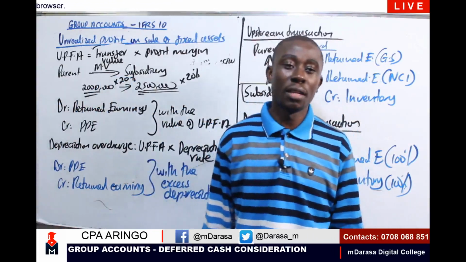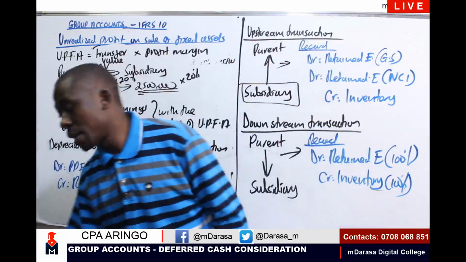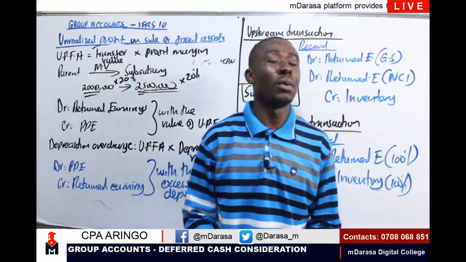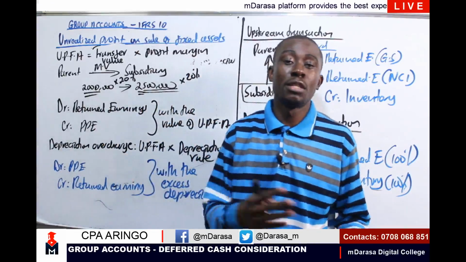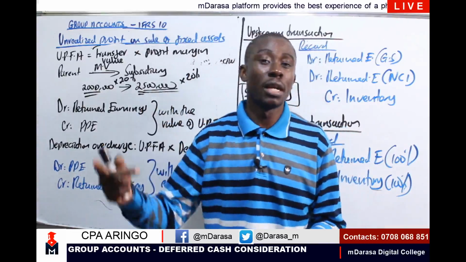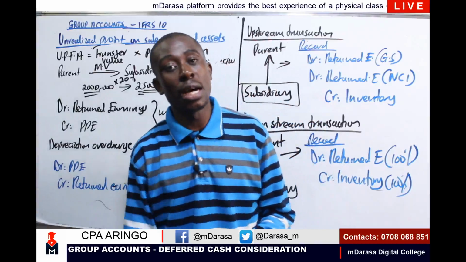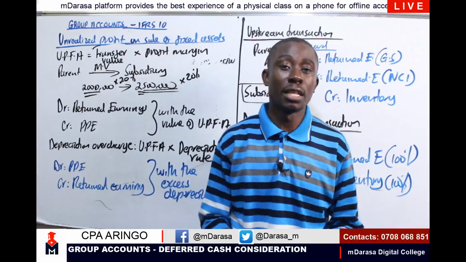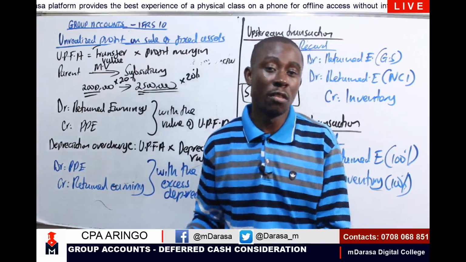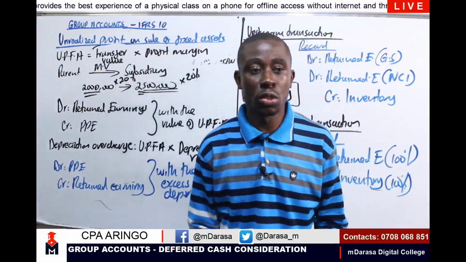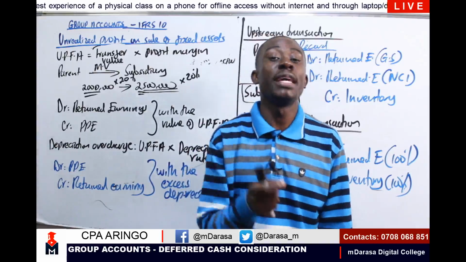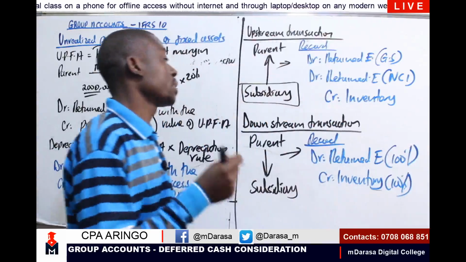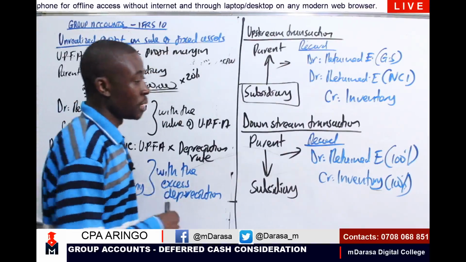Intercompany owings will happen where, say, the subsidiary is owing the parent company as at the end of the period, and the parent probably is owing the subsidiary, whereby I'll be having receivables and, at the same time, payables. So whatever will be required is to eliminate these intercompany owings completely as at the end of the period.